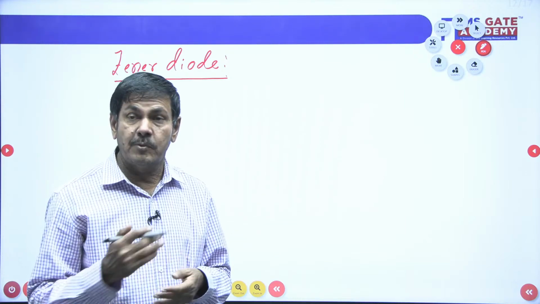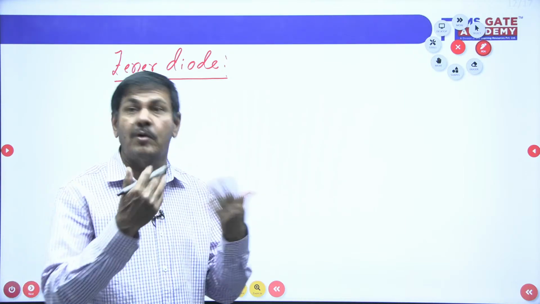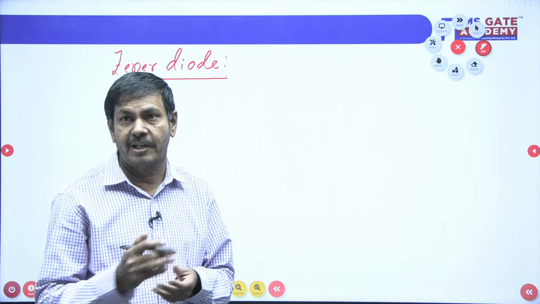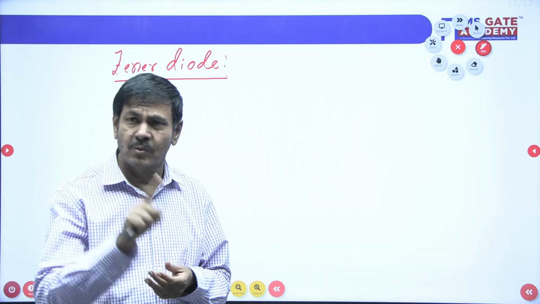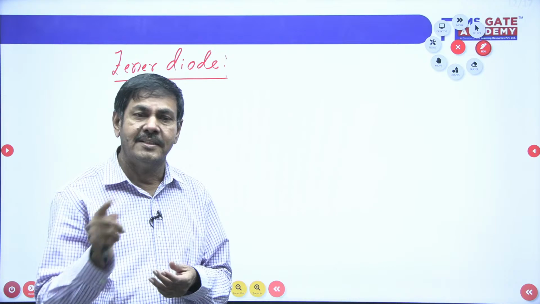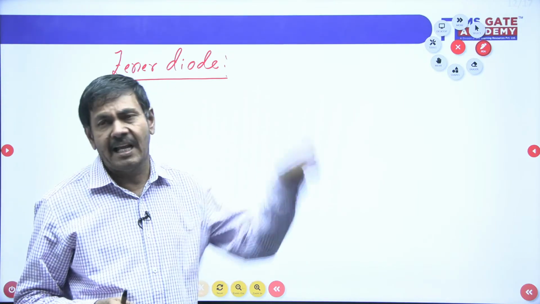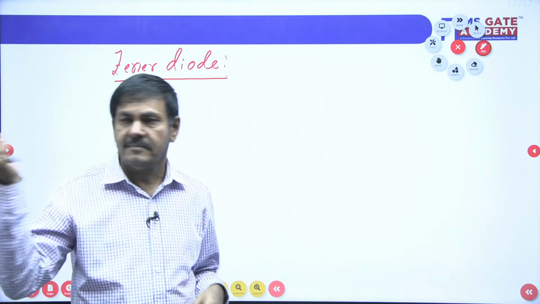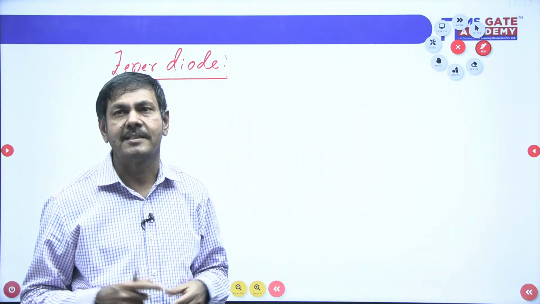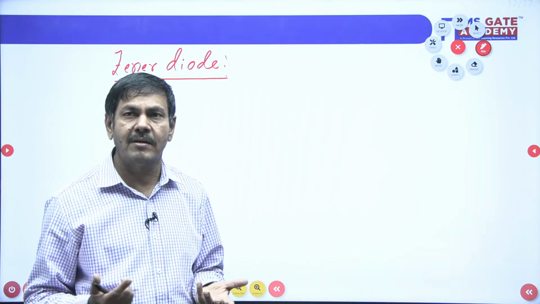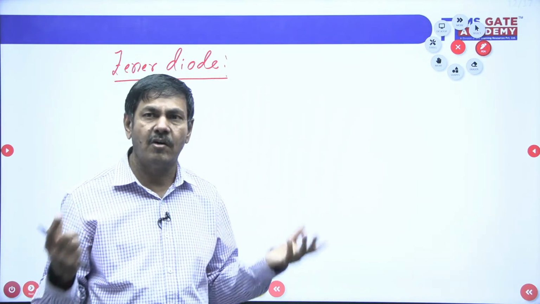Suppose the input voltage is very high, still higher, and regulation is to be achieved. Only with a Zener you cannot regulate. A Zener with a transistor is designed. If the input voltage is very high and I want to regulate the output voltage, it is designed with a Zener, transistors and operational amplifiers.